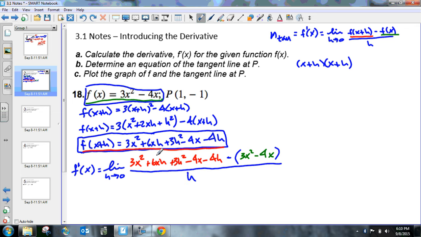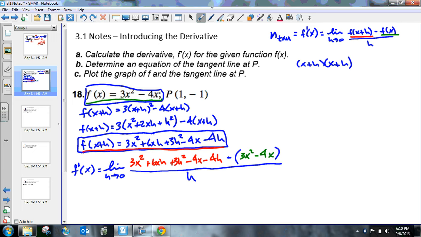So now I've evaluated f of x plus h, plugged that in. I've plugged in f of x, making sure that I subtract the quantity, and this is all over h. Now, guys, remember with limits, what we're doing is we want to do direct substitution.